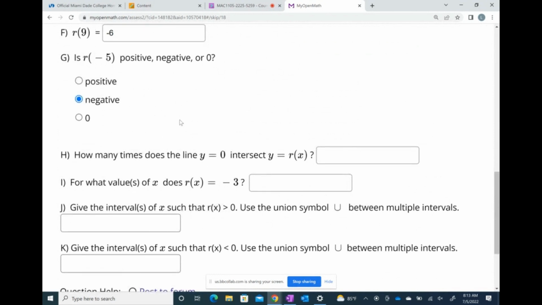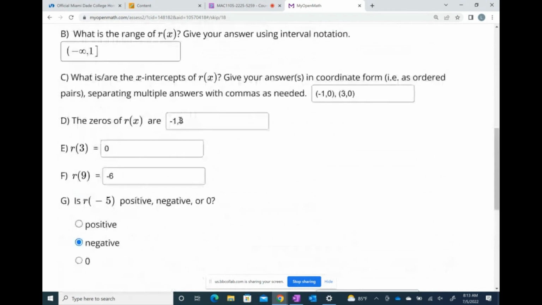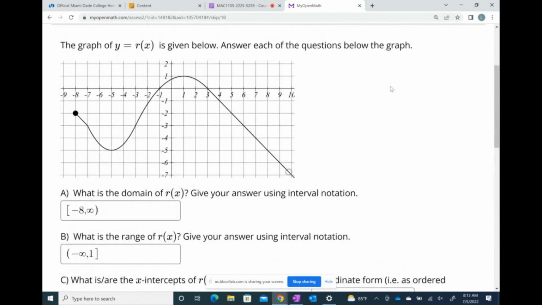So then, how many times does the line y equals 0 intersect y equals R of x? All right. So what's the line y equals 0? What's another name that we give to the line y equals 0? There's a specific line which is the line y equals 0. Yes? Very good. That's another way of talking about the x-axis. Remember, y equals a number, it's a horizontal line.